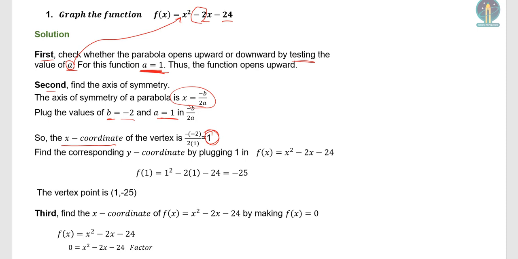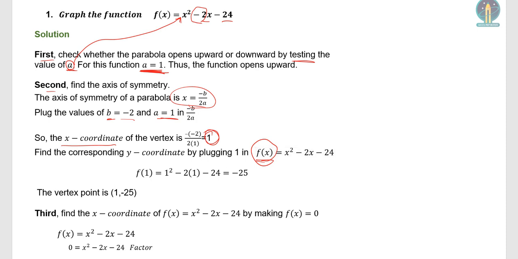To get the y-coordinate of the vertex, we need to find the corresponding y-coordinate by plugging x equals 1 in the equation. Keep in mind, the vertex is a point on the graph of the function. So once you have found the x value of the vertex, you can plug in that x value to get the y value, and it has to be on the function, by definition.